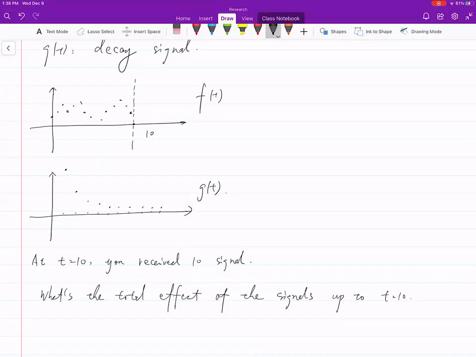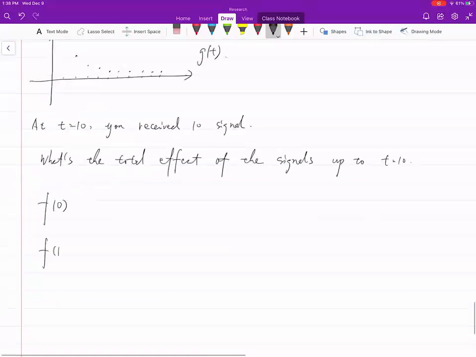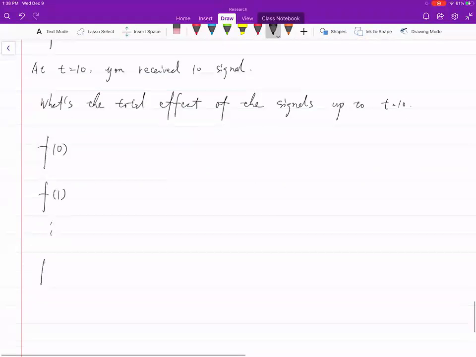Sounds good? All right. So what's the total effect? That will be the effect of the first signal plus the effect of the second signal plus the effect of the ninth signal, all summed together.